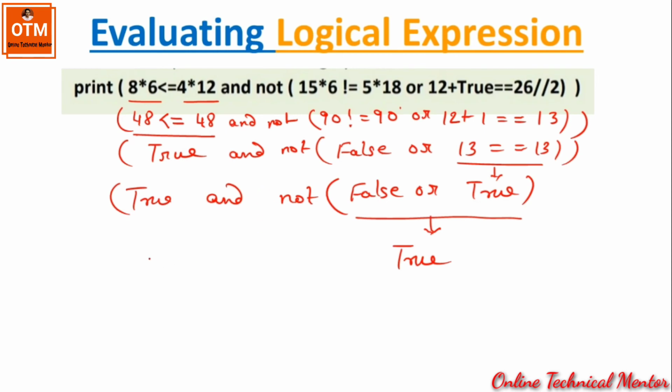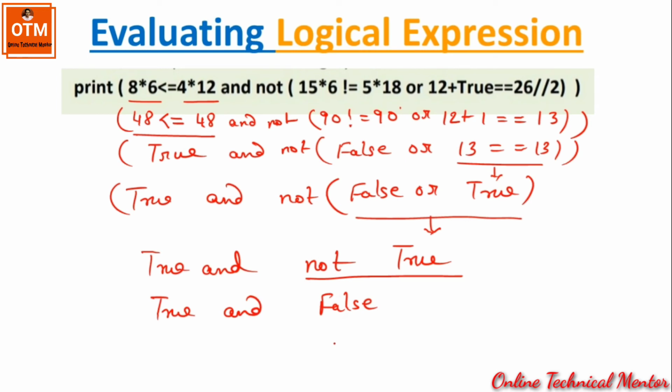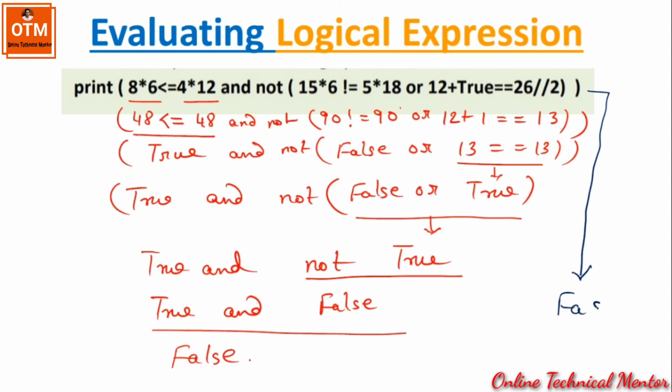And the expression looks like true and not true. So this not true will become false, because not of true is false. Again true and false. Finally, in case of the and logical operator, if any one of its arguments becomes false, it will return false as the final output. So this whole expression will return false.